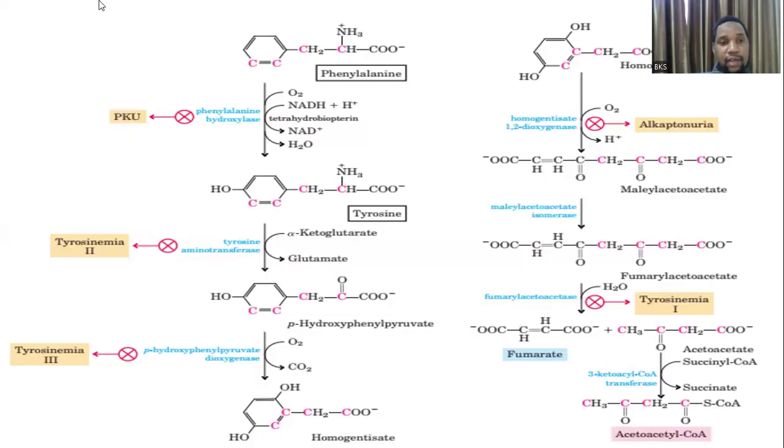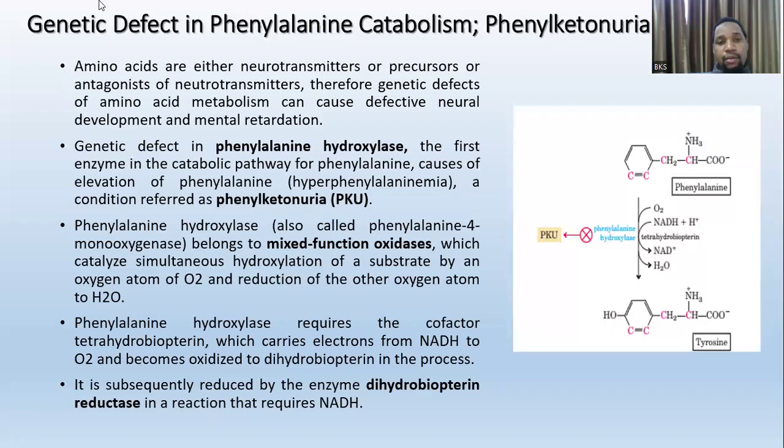So this is basically the reactions involved in phenylalanine and tyrosine catabolism, leading to formation of all these disorders that are attributed to their catabolism. I will give just a summary, so I don't need to talk much about them since it is already done here.